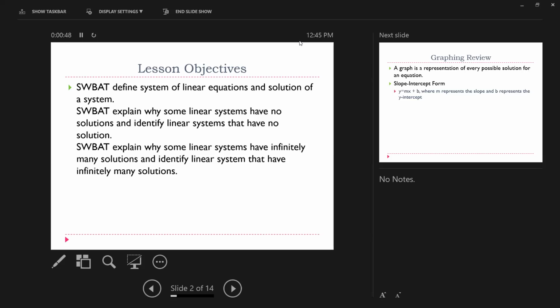The classic example of a no solution problem is when you have equations that represent parallel lines. The whole thing about these systems of equations is that in order to be considered a solution, they have to have things in common.